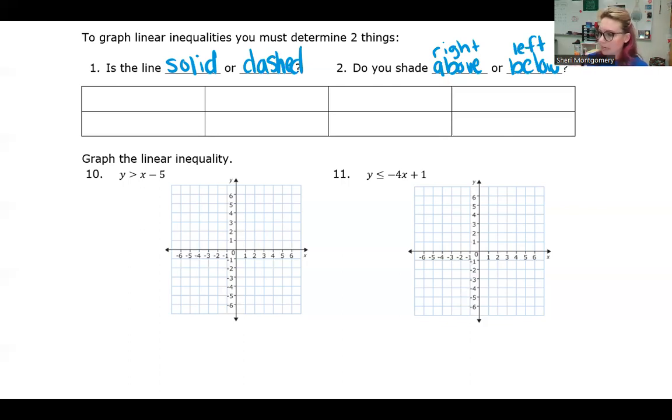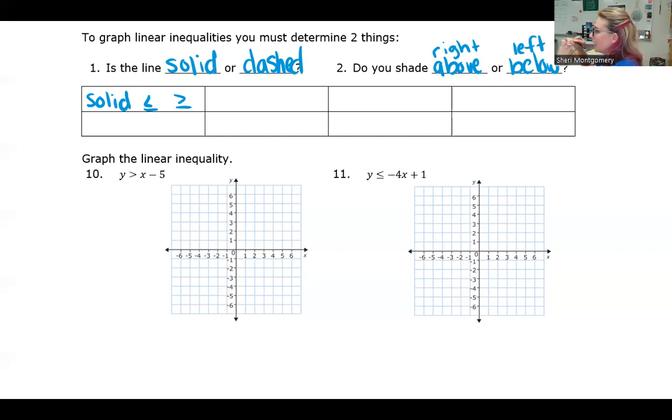So this little table that I created, we're going to show what these things mean. So solid versus dashed. So solid, it doesn't matter which symbol that you have. It's the symbol that has the line underneath. So you could be less than or equal to or greater than or equal to.